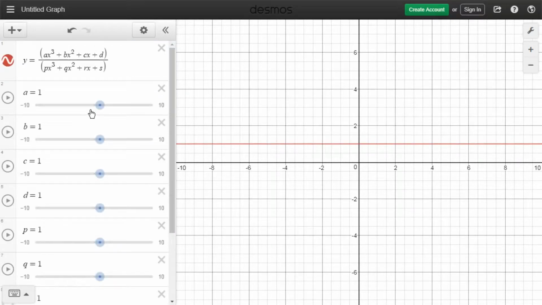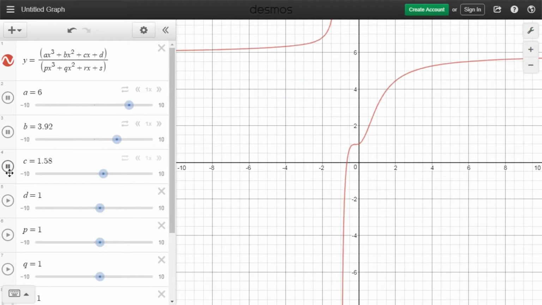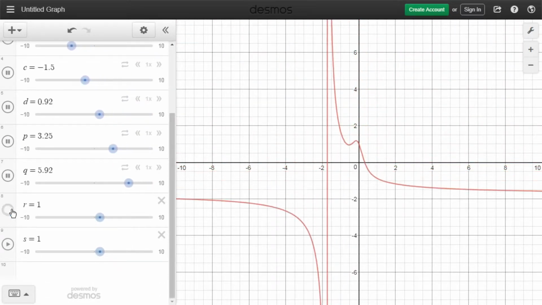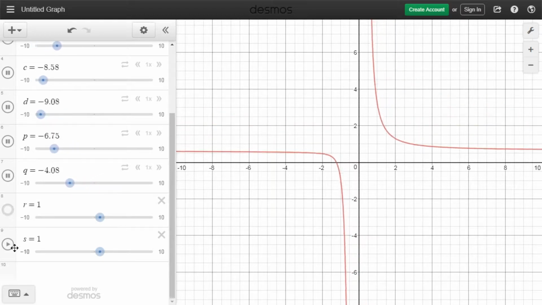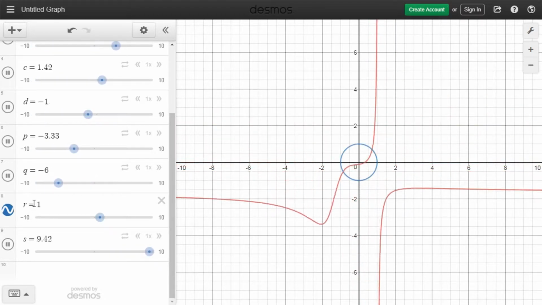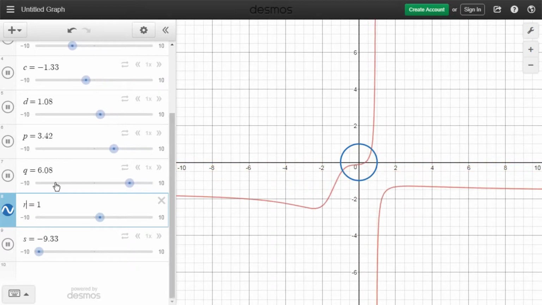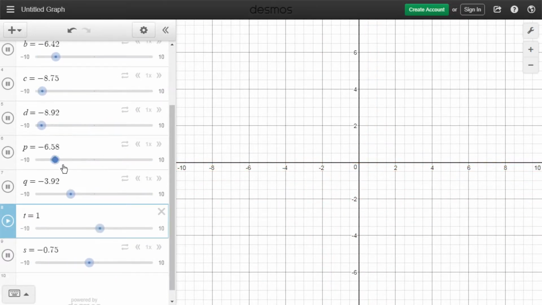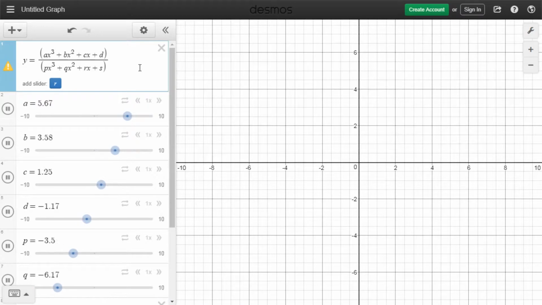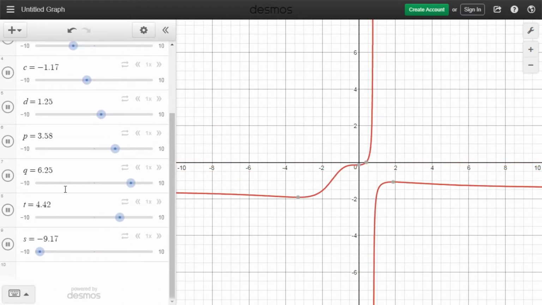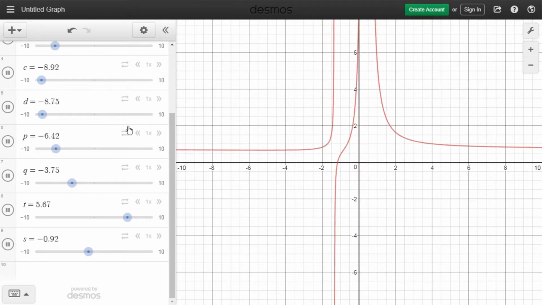Well, let's just put sliders on each of them and get them going, each doing their own thing. And whoops, what's going on with these? Can I not animate that one? R, I can't use r, because r is for radius, I guess. Let's use t instead.